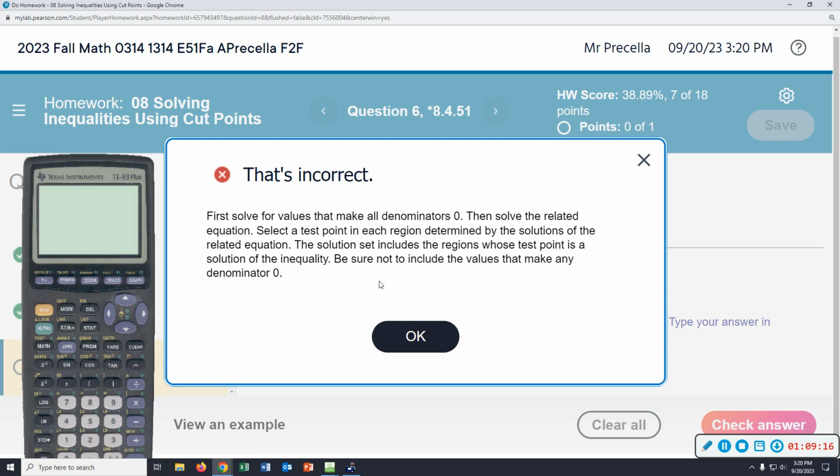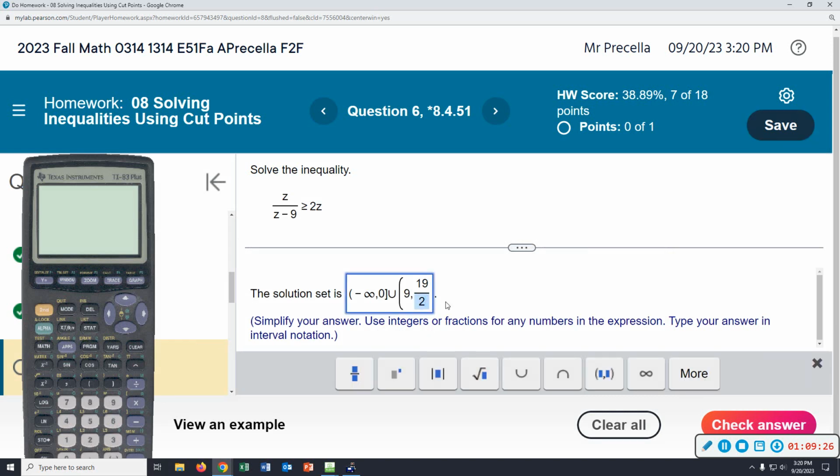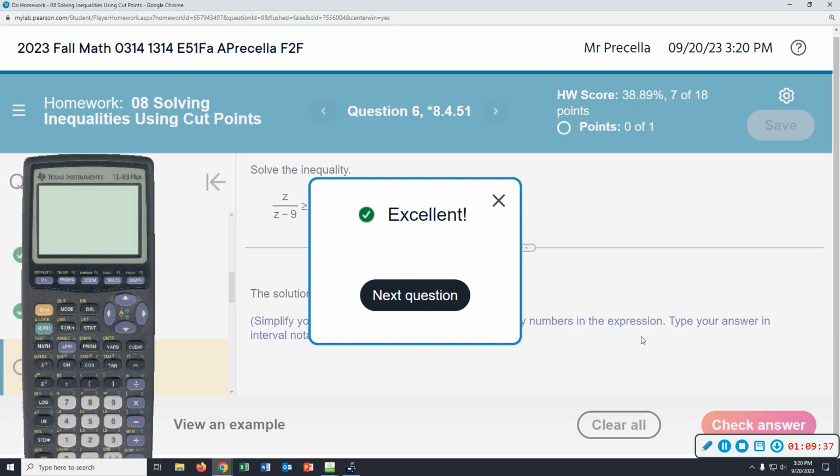I suspect that real soon there'll be an AI thing that tells you, you messed up on this, here's what you did wrong. The bracket. I think that real soon, but not this semester. Fix that. Any questions? Okay.